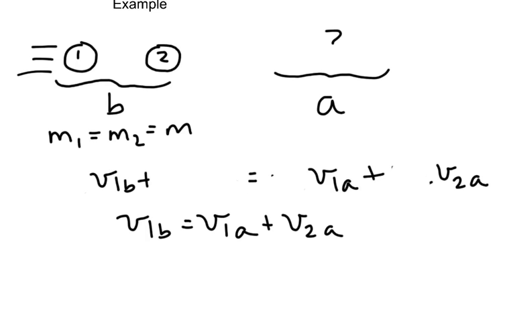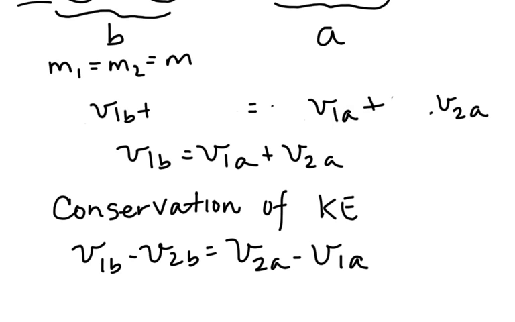So now we have this expression for the velocity of the first ball before the collision. Using conservation of kinetic energy, because we're going to assume this is an elastic collision, we have another formula we can use. We already know that the velocity of the second ball before the collision is 0, so we can get rid of that term. And so I have another expression for v1b.